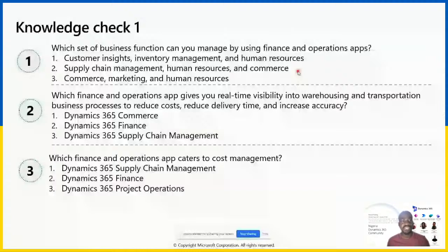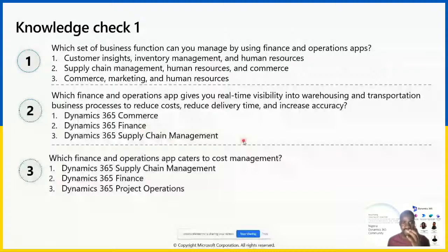That takes me to number two that says, which finance and operation app gives you real-time visibility into warehousing and transportation business processes to reduce costs, reduce delivery time, and increase accuracy. So here I can see warehousing and transportation. So is it commerce, finance, or supply chain management?